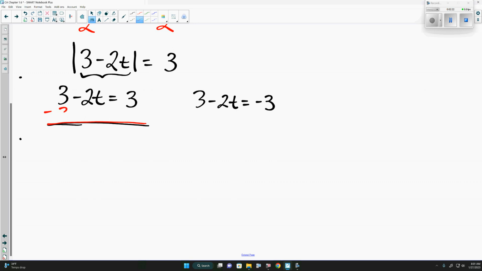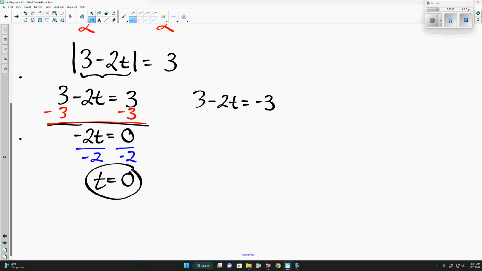So the first thing we can do is subtract 3 from both sides, telling us that negative 2t is 0. Then we divide both sides by negative 2, telling us that t is equal to 0. And that is one of our solutions.